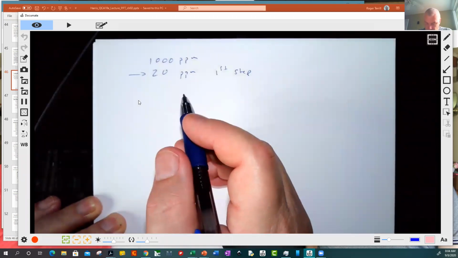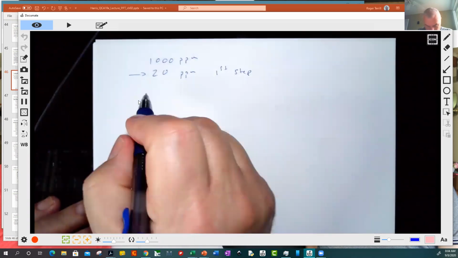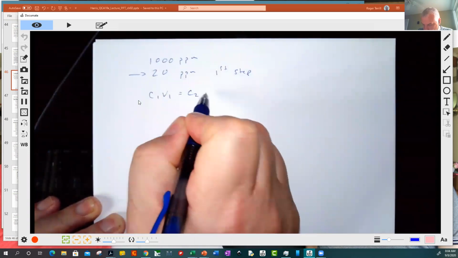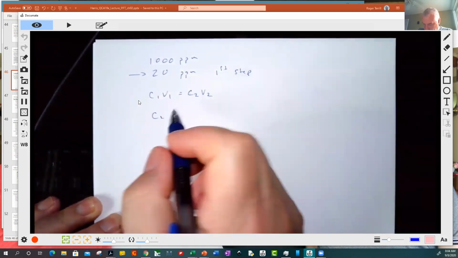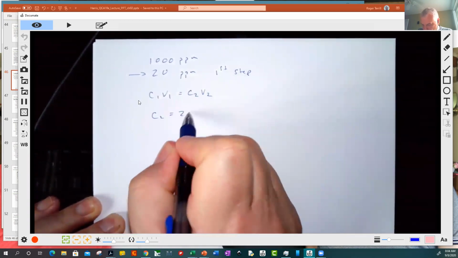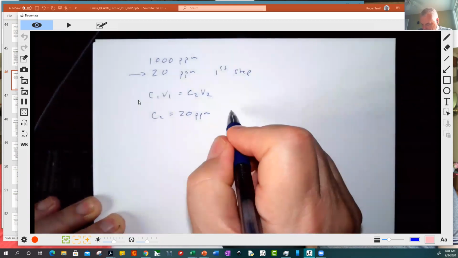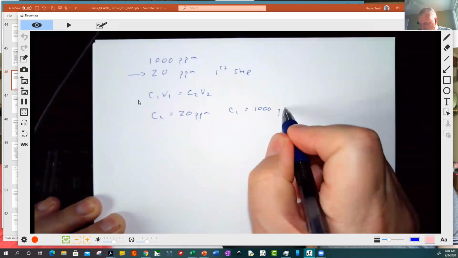Since we're going to be using C1V1 equals C2V2, C2 here is going to equal 20 parts per million, and C1 will equal 1,000 parts per million.